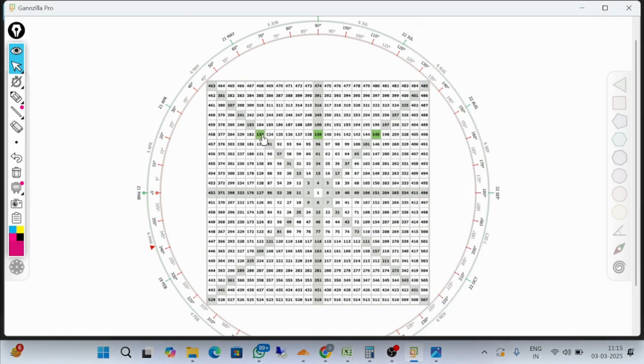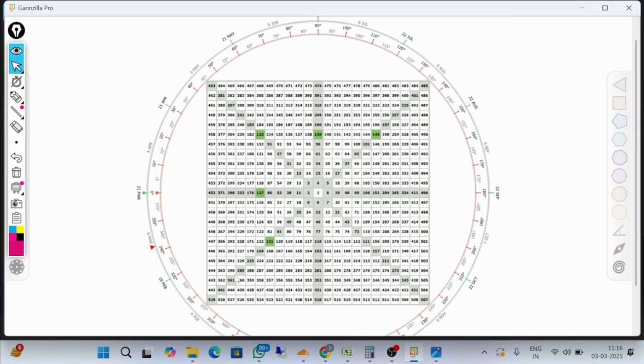Now see the number here, 133. Same condition, this would be 135. See, this is 45, this is 90, this is 135 and this 121 would be 180 degree.